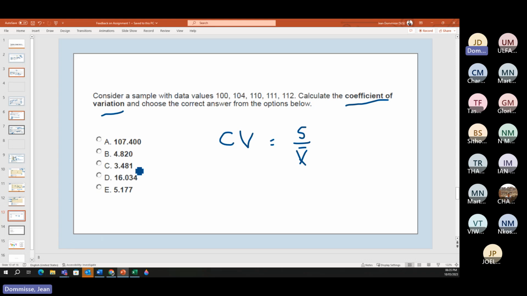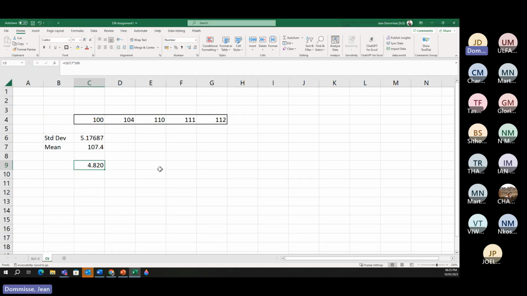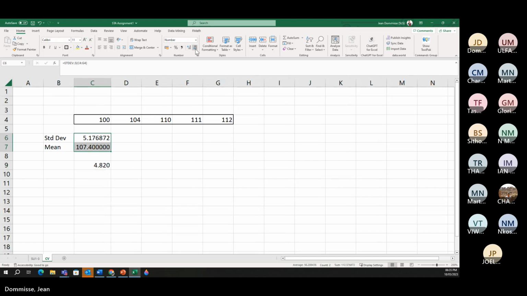Okay, so there we have it as 4,82. It is again much simpler when you work it out in Excel.